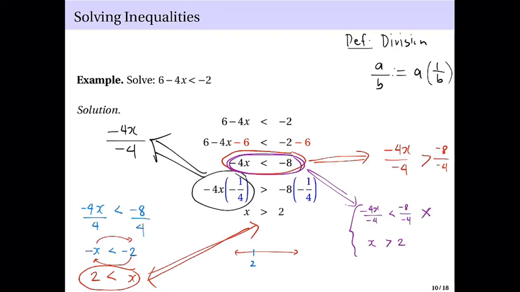You want your x to be greater than 2, so 2 is not included. We use parentheses, and the parenthesis opens to the right because you want x greater than 2. And then you have your blue ray pointing to the positive infinity direction, or pointing to the right.